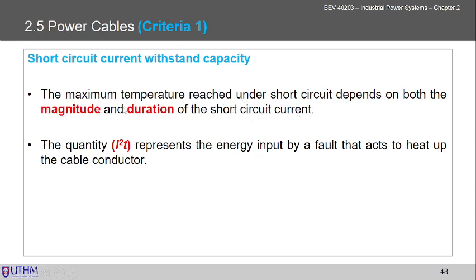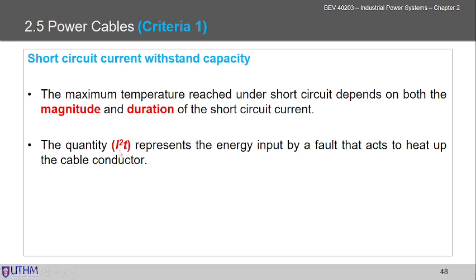We have the short circuit current, its magnitude, and its duration: 1 minute, 2 minutes, 5 minutes, and 1 hour. The longer the duration, the more mechanical stress the power cable will experience.